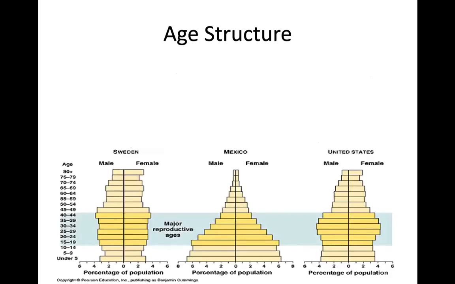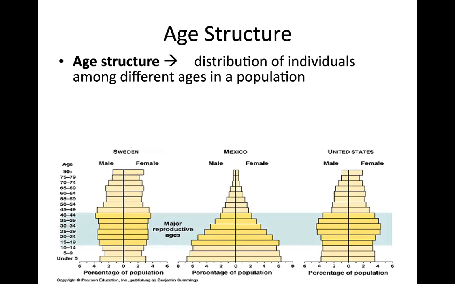So here we have something called age structure, which is the distribution of individuals among different ages in a population. This is extremely important when you're looking at the dynamics of a human population, especially when it comes to the economy of a country, for example.